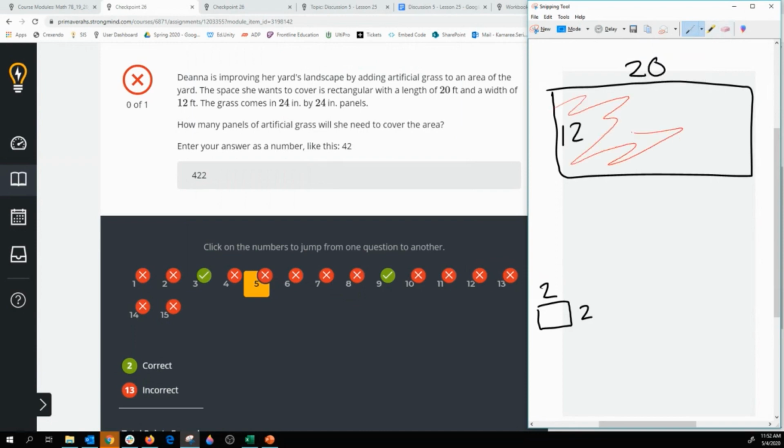Or what would I do to figure out the area of this garden up here? 12. What would I do with the 12?